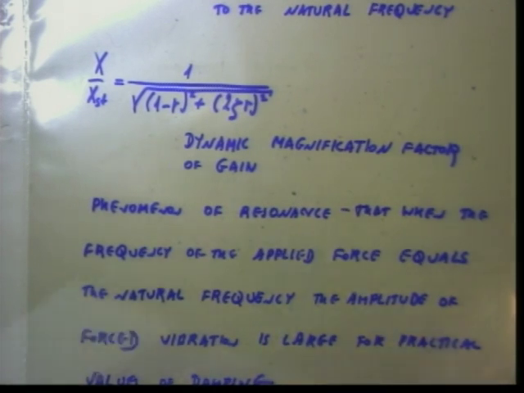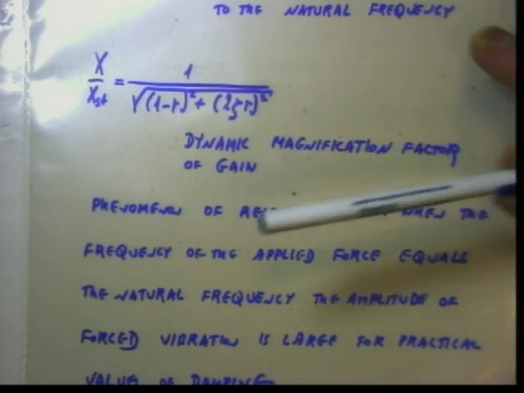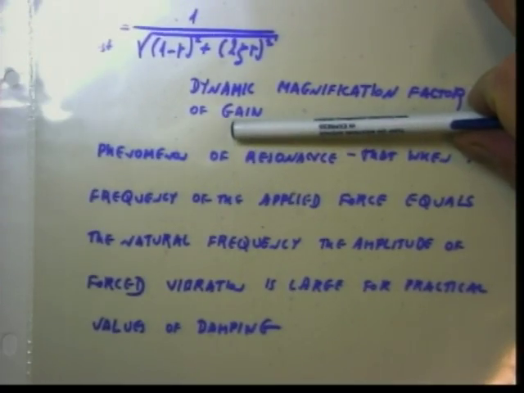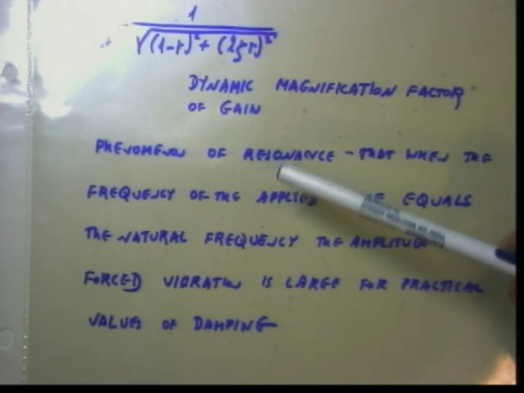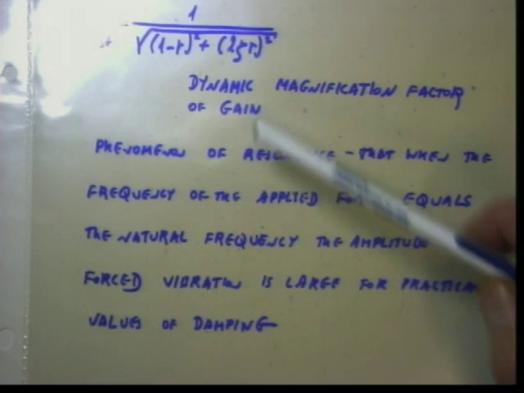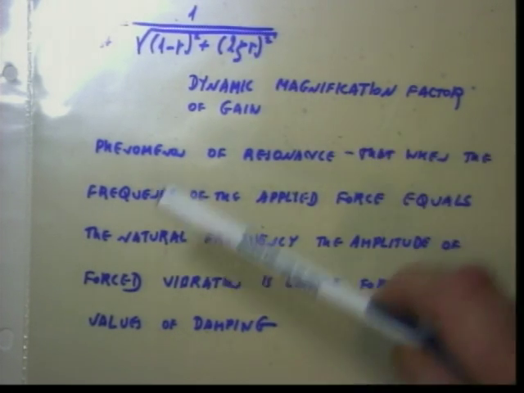If zeta is 0, then when r is 1, naturally this goes to infinity. But now, when r equals 1, this does not go to infinity; it depends on the damping. Because this is 1, it depends on 2 zeta.